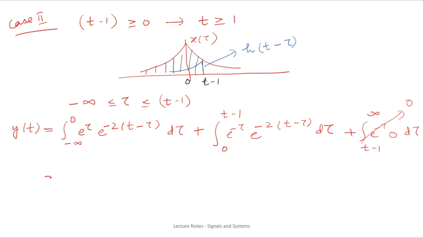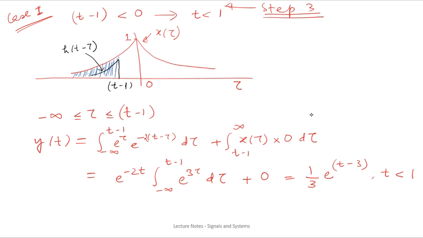So if you simplify this, it will be minus infinity to 0 e raised to the power 3 tau d tau plus 0 to t minus 1 e raised to the power tau d tau.